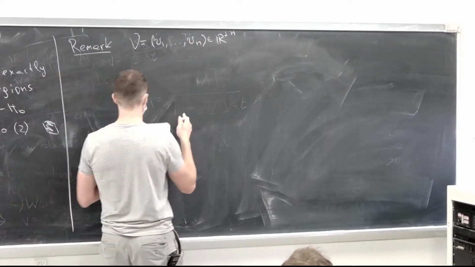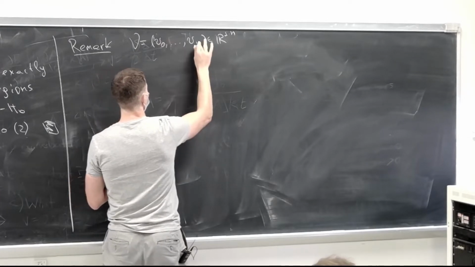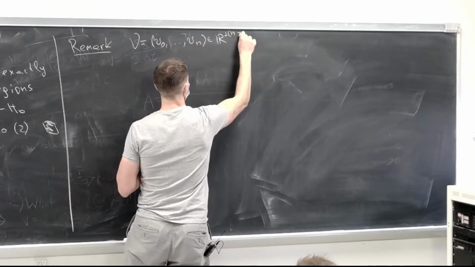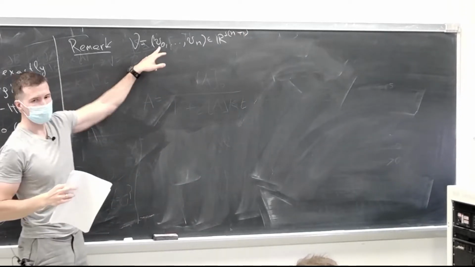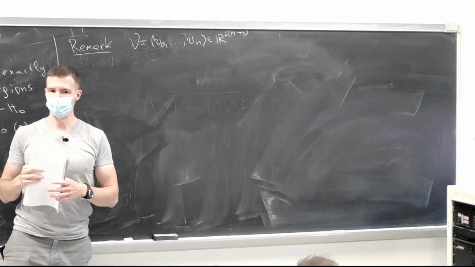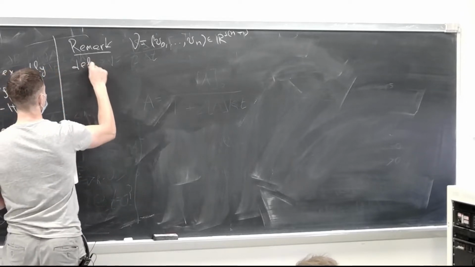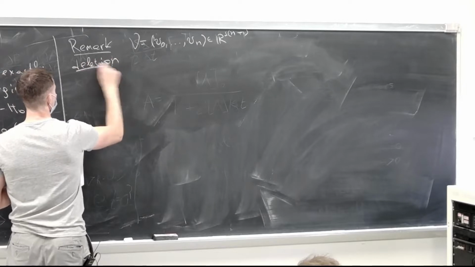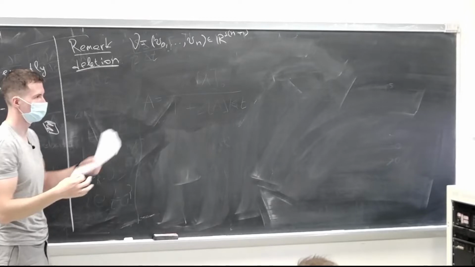Let's say v goes from 0 to n. Then let's say I want to contract v0, or remove v0. What are the definitions for deletion and contraction? Here I'm allowed to have equal vectors, or some vectors may be 0.